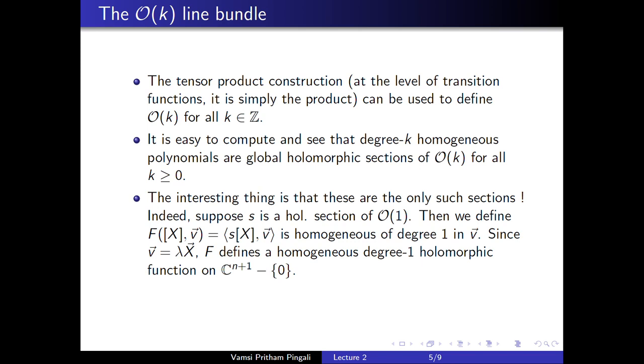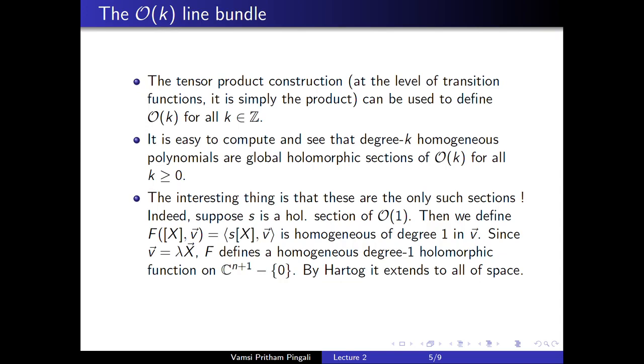How? If v is an element of Cn plus 1 minus 0, x is simply the equivalence class of v, right? So secretly F is only a function of v. x is just sitting around doing nothing, yeah? So it's a homogeneous degree 1 holomorphic function on Cn plus 1 minus 0. Now we invoke the deep and beautiful result of Hartogs. Hartogs' phenomenon says that you cannot have singularities of this sort. If there is a holomorphic function here, it extends to all of Cn plus 1. Yeah? So you have a homogeneous degree 1 holomorphic function on all of Cn plus 1.